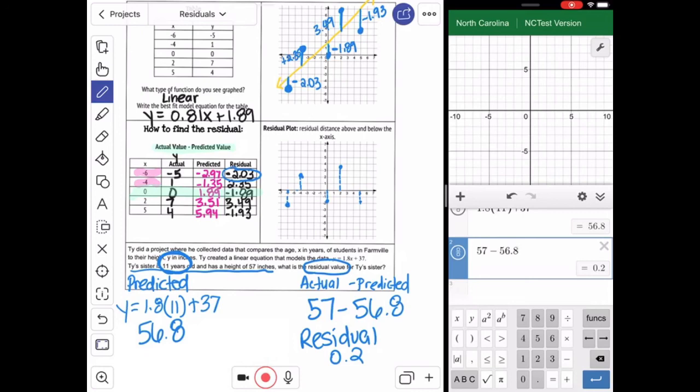I would consider this a very good prediction because the residual is close to the line. The further away your residual is, the less of a good prediction it is. The closer your residual and the less distance you have, the better the prediction is. Okay? So the residual again is the actual value, the actual y value, minus the predicted y value.